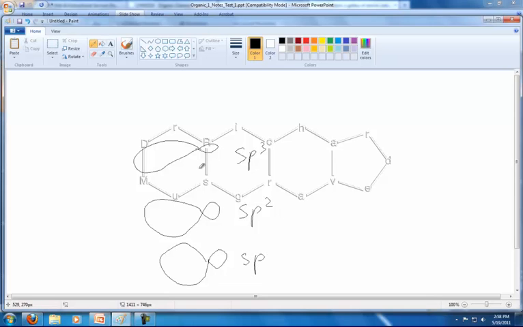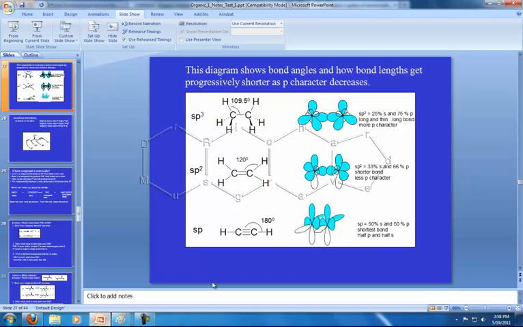What you're going to see is that the sp3 looks more like a p than it does an s because it's 75% p. This one's a bit shorter and fatter because there's less p, and this one has less p still, so it's even shorter and fatter. Of course, what that means when we're talking about these bonds and joining the hybrids together is that the sp3s are going to have longer bond lengths, and the sp2s will have shorter, and the sp shorter still.